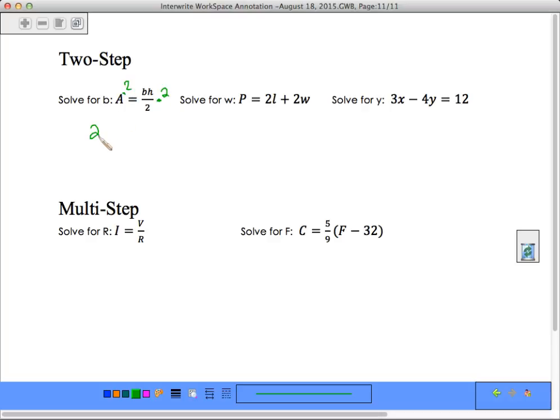So it's going to give me 2a equals b times h. Once you have that gone, these 2 are touching by multiplication. All I need to do is divide. And I'm going to divide by h because I want b by itself. These cancel, and I have b equals 2a divided by h for a final answer.